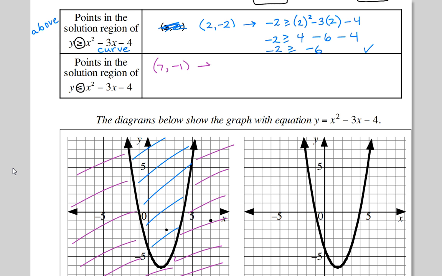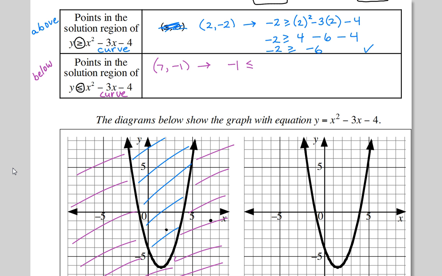Testing this point, the y value, negative 1, is less or equal. Notice the difference: originally we were doing greater or equal, now we're doing less or equal. Instead of above, this is below some curve. In other words, what is the region below the curve?